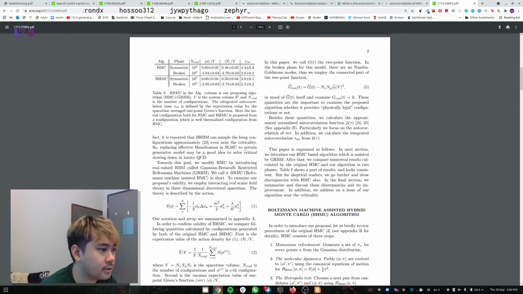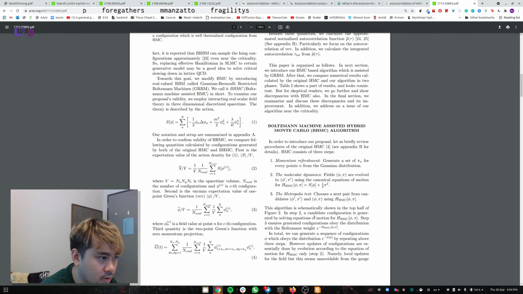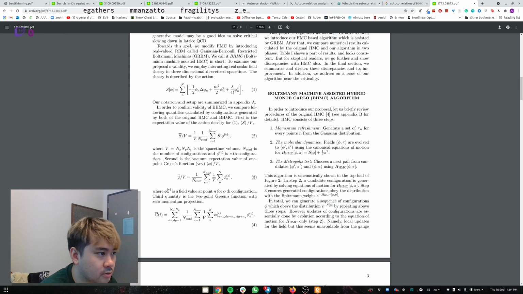Don't really understand this, but all right. Momentum refreshment generates molecular dynamics. Okay. Metropolis test. Yes. Wait, but where's the Boltzmann machine? Oh, this is the original. Okay.